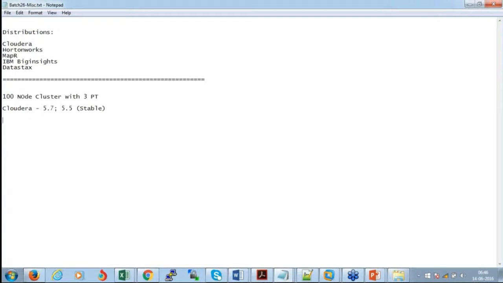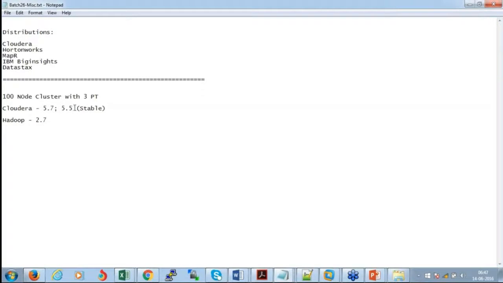And the Hadoop current version is 2.7, right? Which is a stable version, a major release. The Hadoop version would be the same across all the distributions, and those distributions also maintain their own versions, like Cloudera now having 5.7, which is the current version available, but the stable version is 5.5.